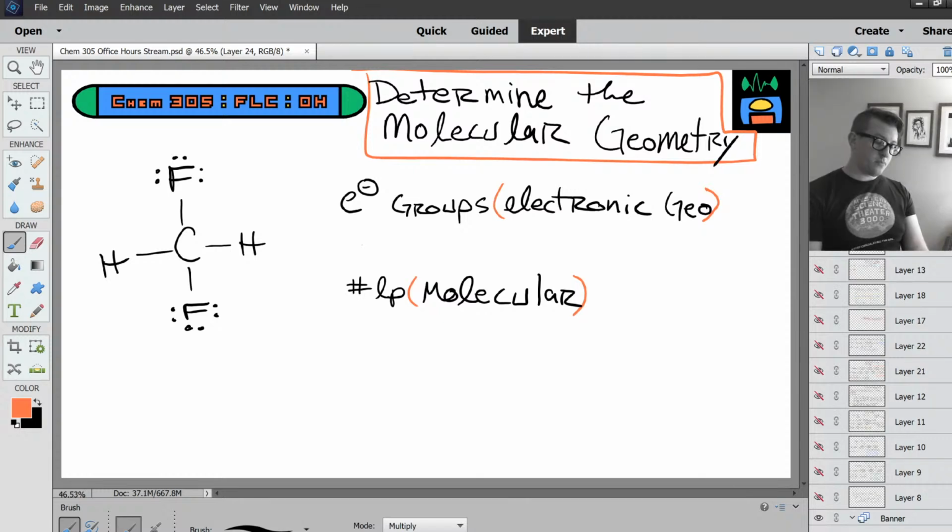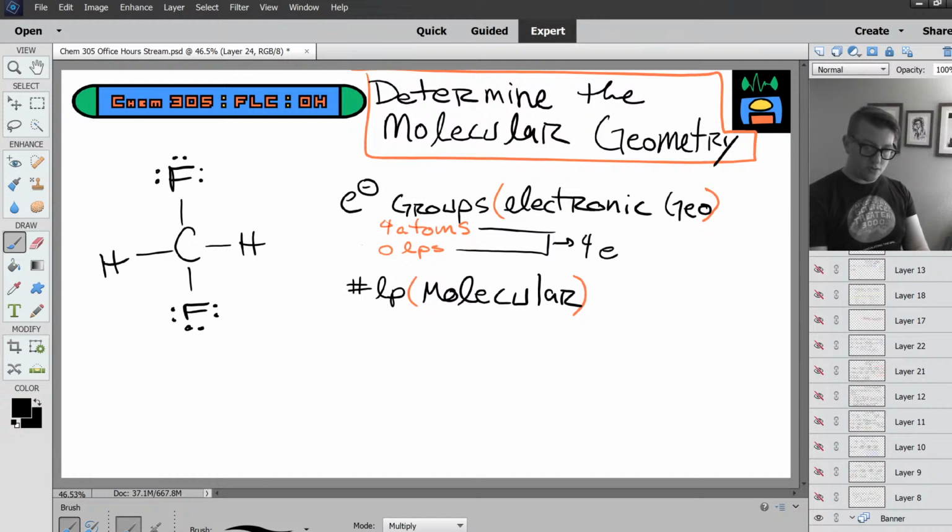So, for electron groups, carbon has 4 atoms, 0 lone pairs. The 4 atoms plus the 0 lone pairs together means you've got 4 electron groups.